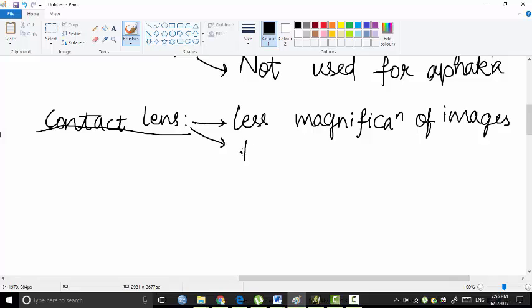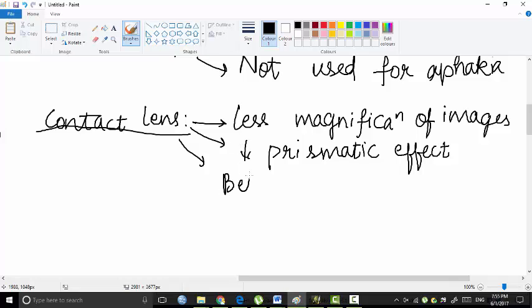And there is a decreased prismatic effect, that is the roving ring phenomenon, caused by those rays which cannot pass through the spectacles. But here the lenses are worn very close to our eyes, so this prismatic effect is decreased. And there is a better field of vision.